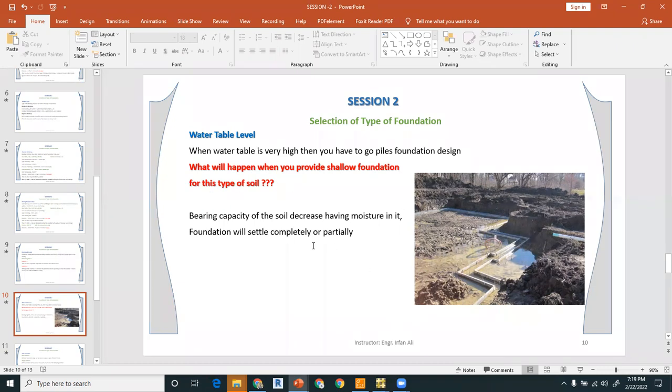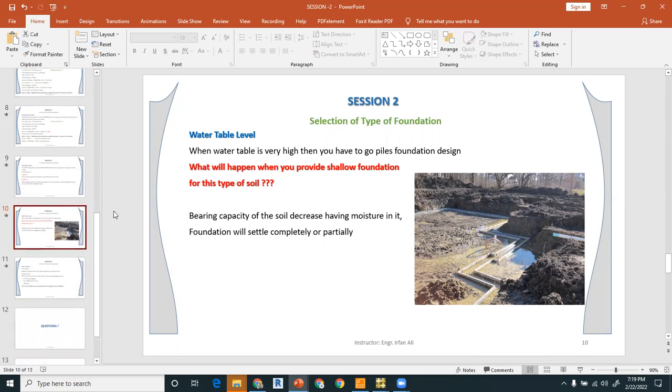It is very obvious that the bearing capacity of the soil will decrease with the moisture or with the water, and there will be settlement of the footing, whether it will be partial settlement, differential settlement, or complete settlement of the structure, and the superstructure will collapse, right? So this is very crucial whenever you are designing your structure. When there is a high water table, you have to go for the pile foundation design.